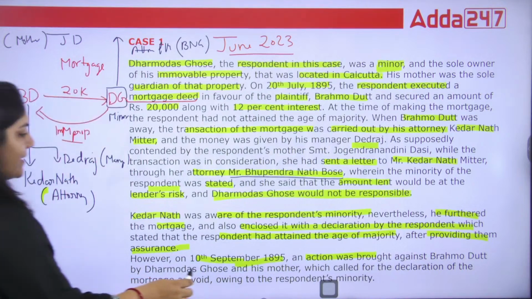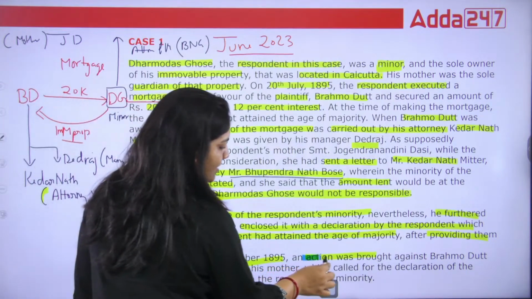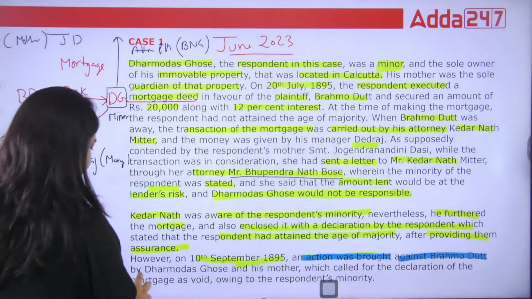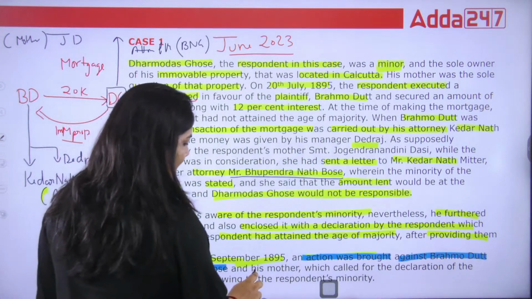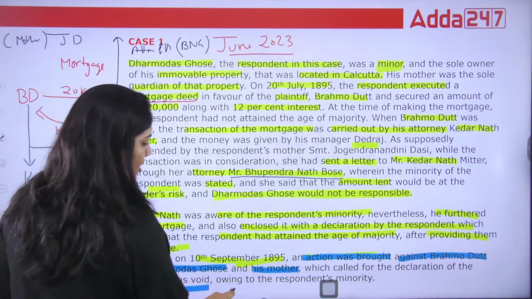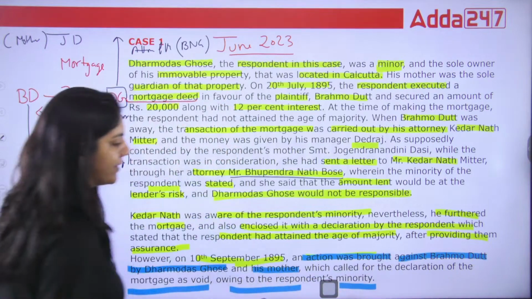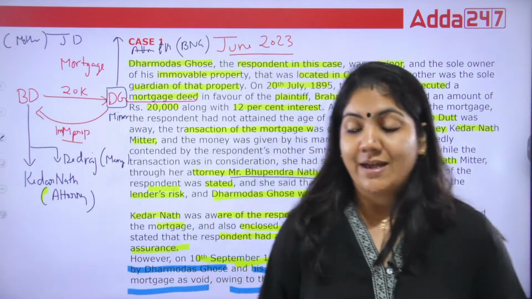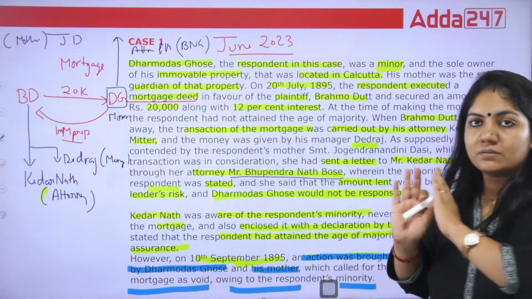A very good thing, class. An action was brought against Brahmodat by Dharmodas Ghosh and his mother, which called the declaration of mortgage void owing to the respondent's minority. It means the mother wants to say my child is a minor, so that's why the contract is void.